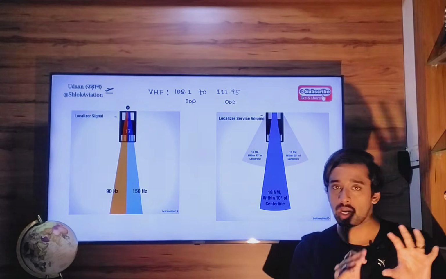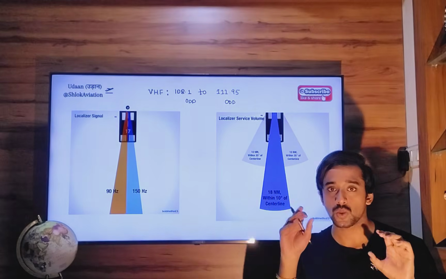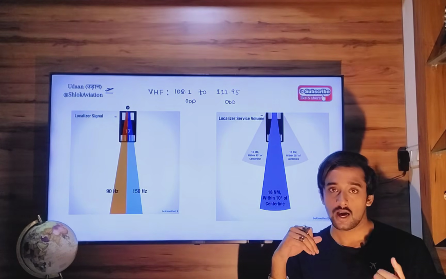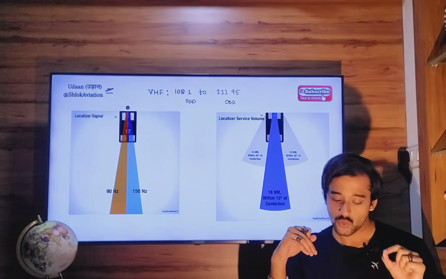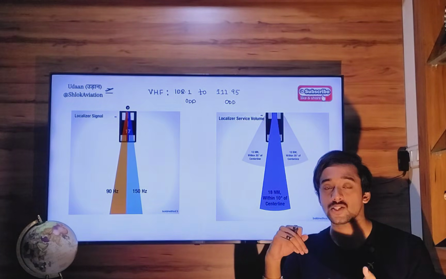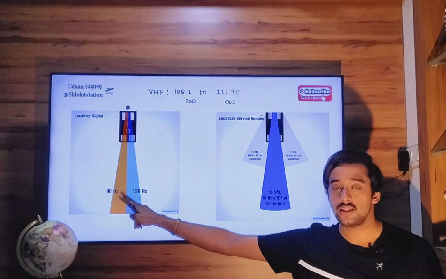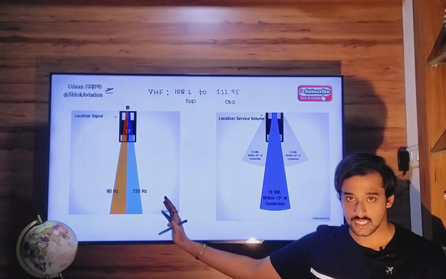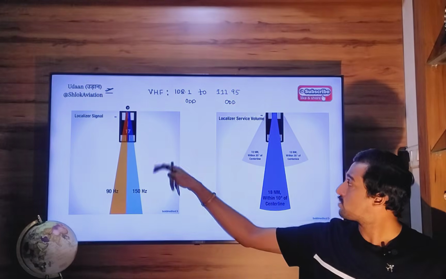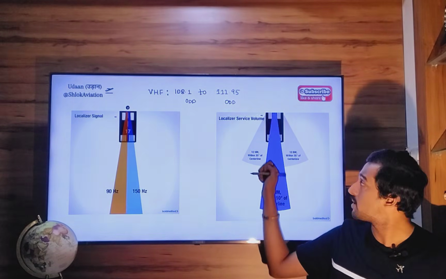So between 108 and 112 megahertz, only frequencies with odd decimals are allotted to ILS localizer. Now this main VHF carrier wave is further amplitude modulated, 90 hertz the left signal, 150 hertz the right-hand signal. Remember that. Now this ILS localizer coverage area, the limits also you must remember.